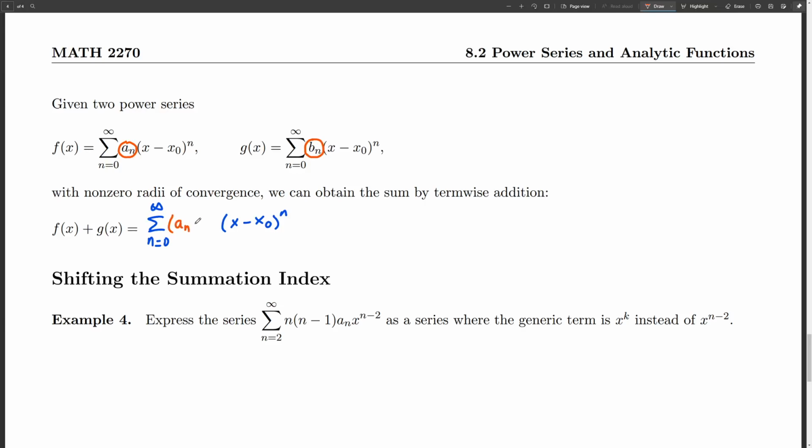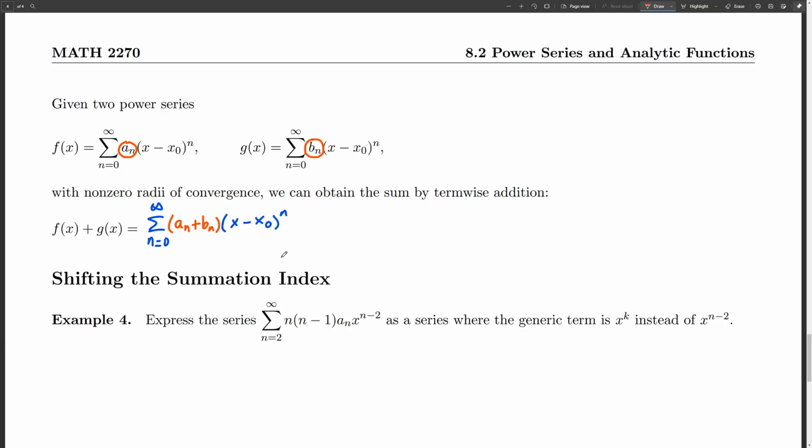So we have a sub n plus b sub n times x minus x naught to the power n. Now, this type of addition only works if, when you compare the powers in the power series, they both have the same power. So they're both to the power n.